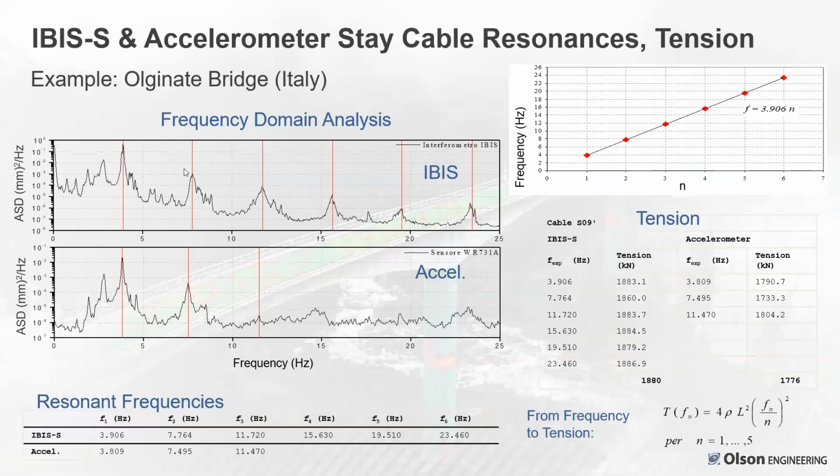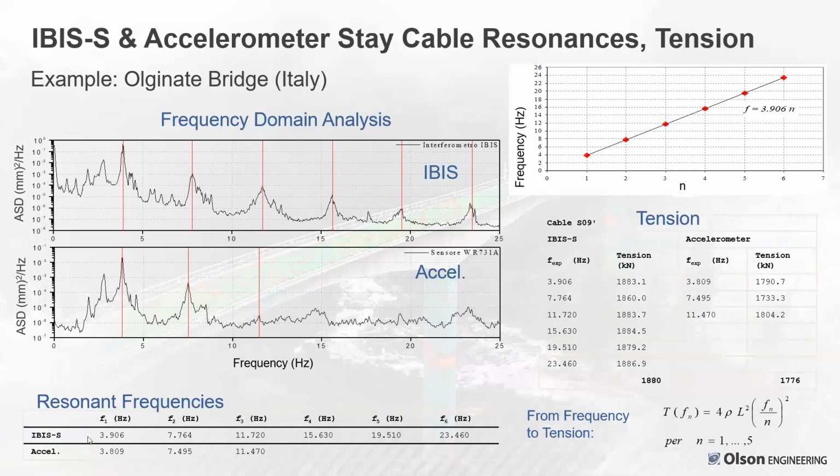And so these red lines show the first 6 resonances of the cable from the IBIS data, as well as the first 3 resonances of the cables from the accelerometer. And this is typical that we've seen, is oftentimes we get more higher modes from the IBIS data than we do from the accelerometers. But again, they compare very well with one another.